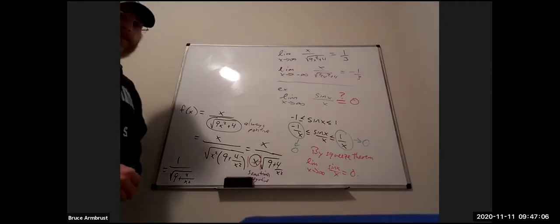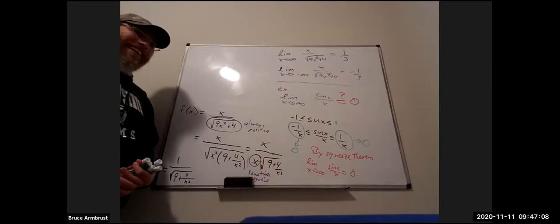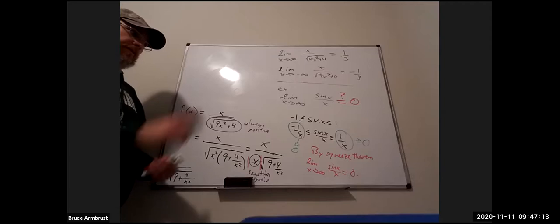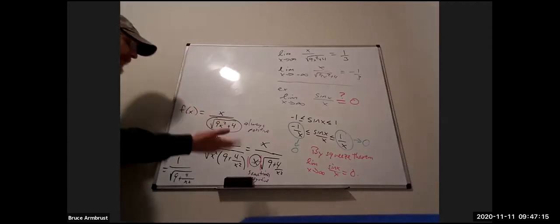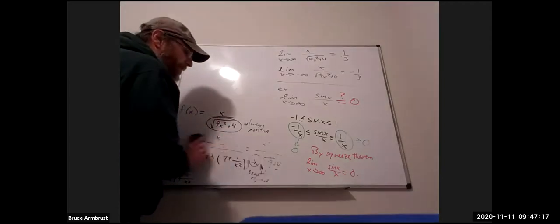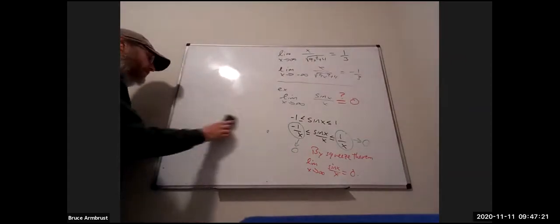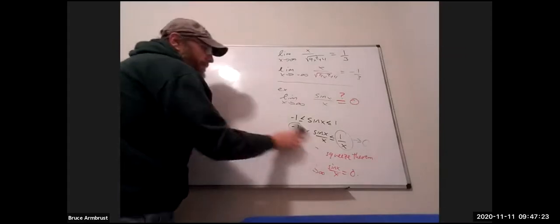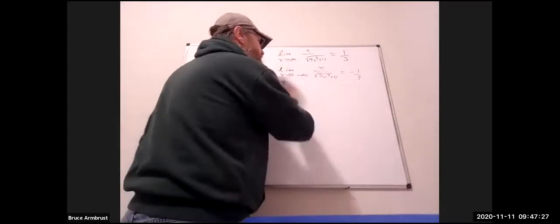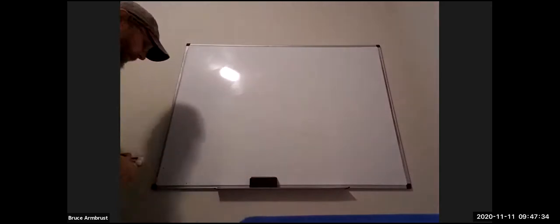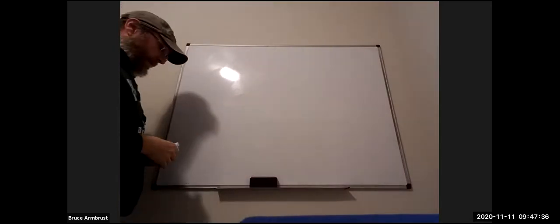All right, so let's talk a little bit more about the infinite limits. What happens when we're going towards plus or minus infinity? Because not all of those growths are equal. And in fact, sometimes with rational functions, we can get some pretty decent information about what's going on as we go towards infinity.